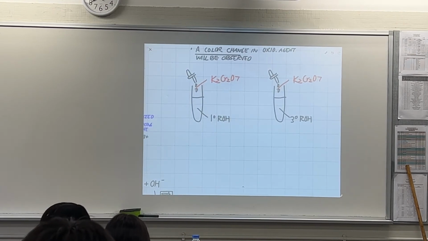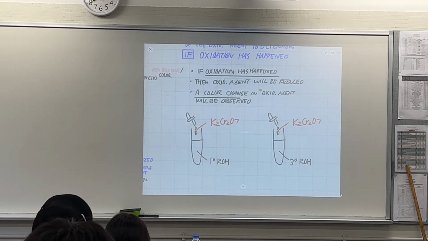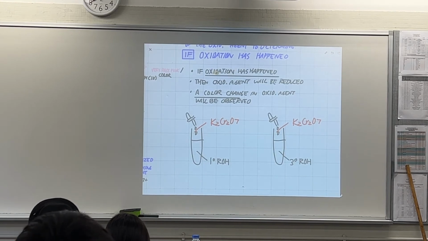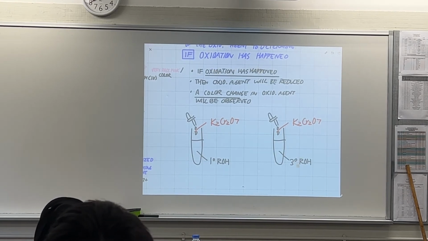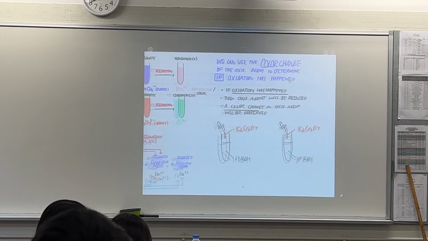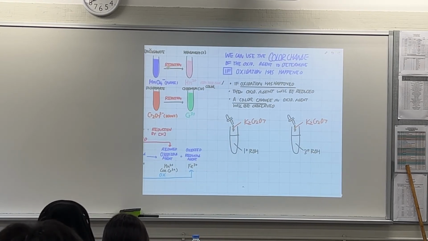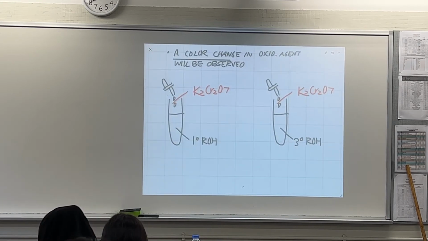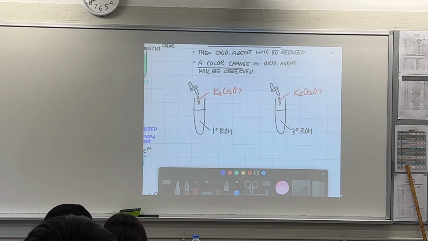It cannot oxidize it. So let's review our deduction here. If oxidation did not happen for tertiary alcohol, the oxidizing agent will not be reduced. And if the oxidizing agent is not reduced, meaning it doesn't go forward, the color will remain unchanged, right? So can you all show me what the final color is like?